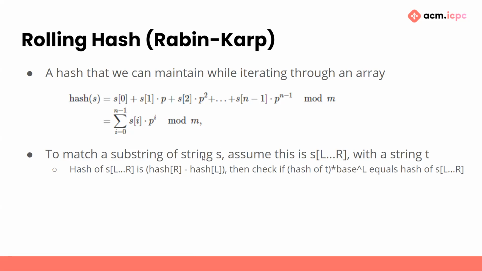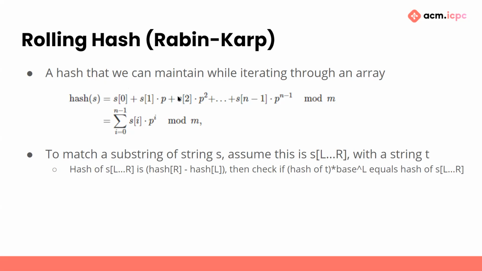So after you subtract the hash of R minus hash of L, then we need to multiply the hash of T by a base to the power of L. So it's a little hard to show without a whiteboard, but let's take the case where we have S0 to S2, and we want to remove S1 and S0.